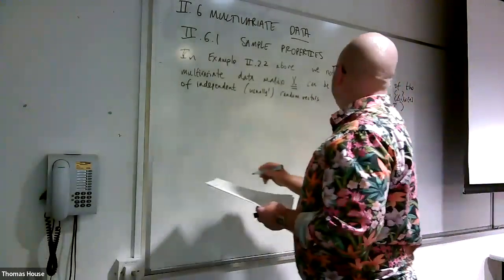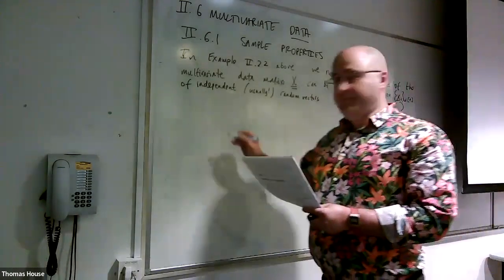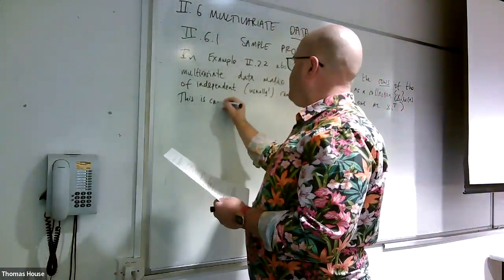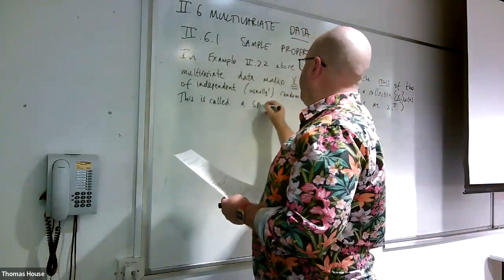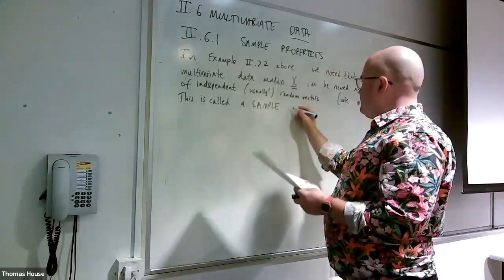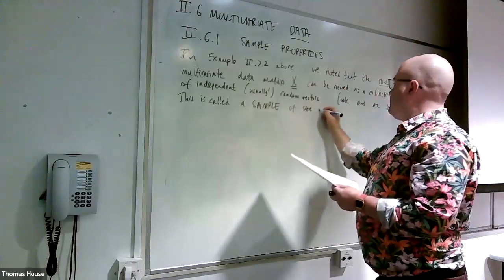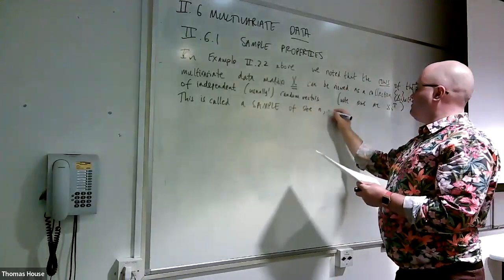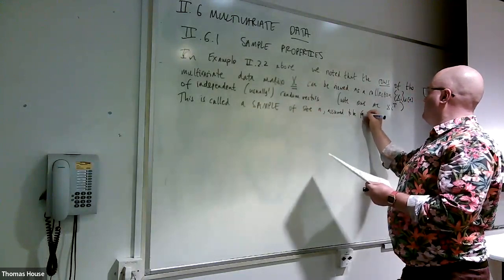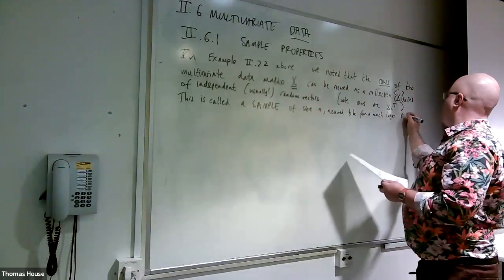Okay, and in the classical framework that we're going to do most of the work in, this is called a sample of size n, assumed to be from a much larger population.